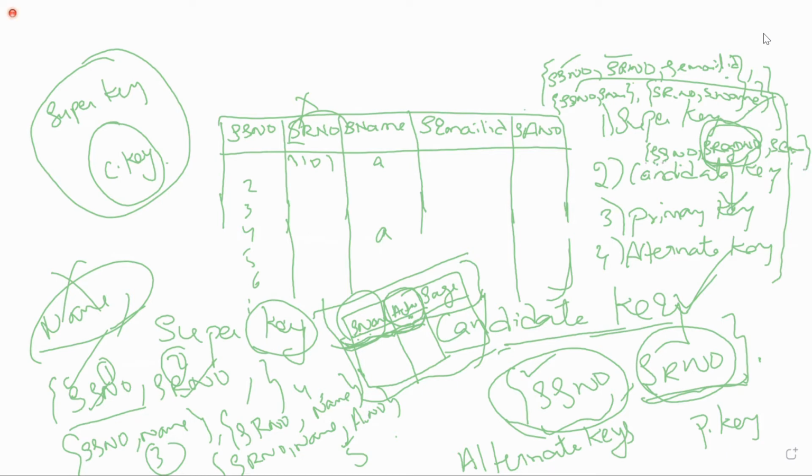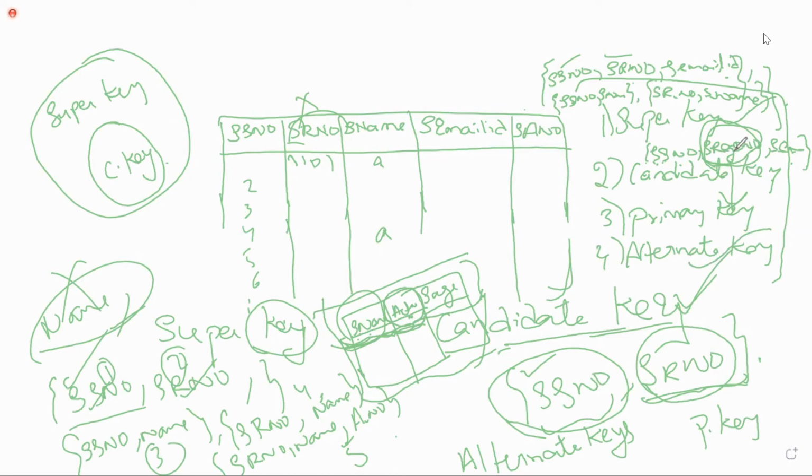First, after we have defined the super key, we have to note down the candidate keys, and among the key attributes in the candidate keys, you have to choose one attribute as the primary key, and the remaining attributes in the candidate set can be called alternative keys.